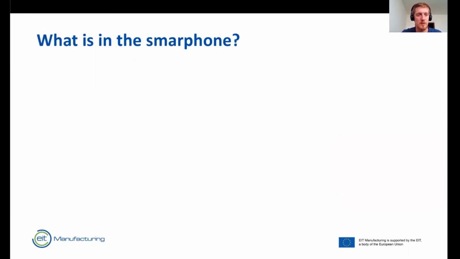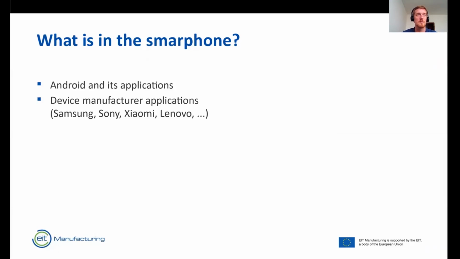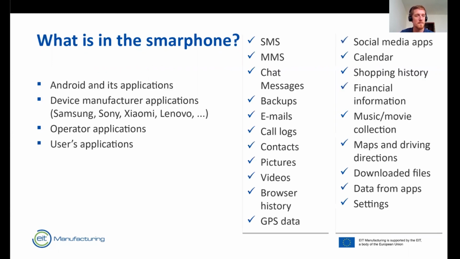So when we have the image, what can we find in the smartphone? First of all, the Android operating system and its applications, then device manufacturer applications, for example, from Samsung, Sony, Xiaomi, Lenovo, and so on. Applications from our network operator or carrier, for example, Verizon, Telecom, Orange, O2, and so on.